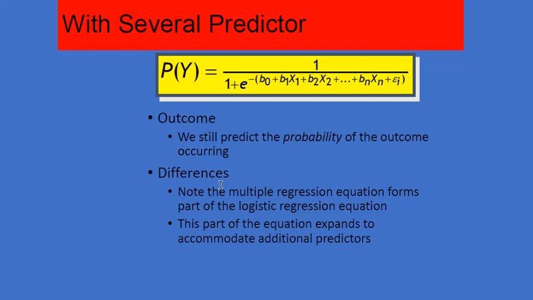This part of the equation expands to accommodate additional predictors, because this equation is representing logistic regression for multiple predictors.